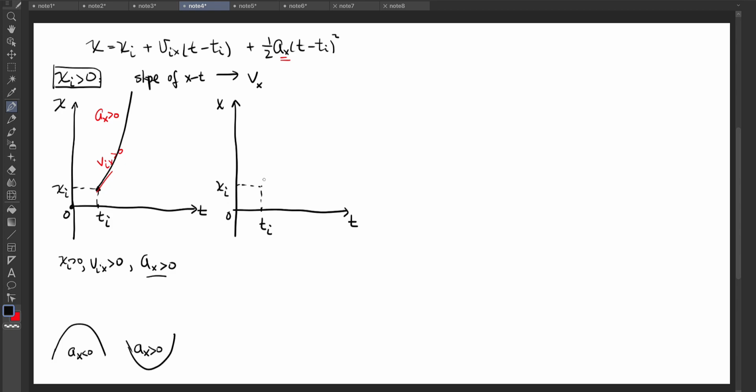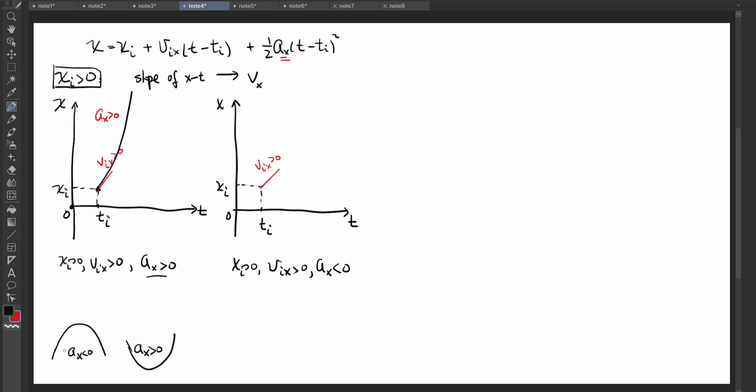Okay. Now let's say I still have the Vix being positive. Okay, but now ax is instead negative. Let's see. We have a positive curve, slope. Sorry. But the curve needs to be looking like this, right?